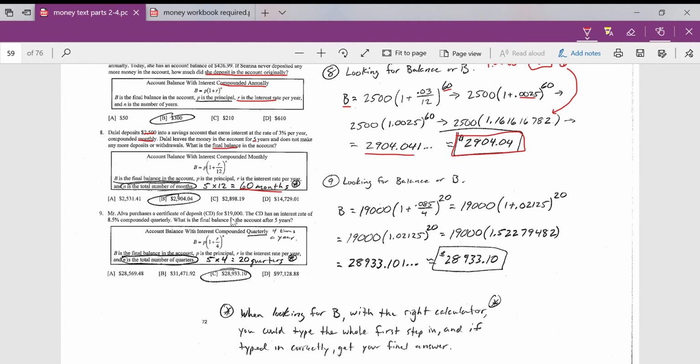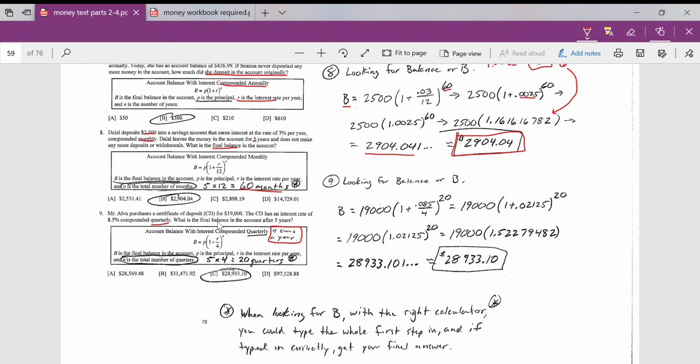If you purchase one of those, that's the investment price, $19,000. Interest rate is 8.5, compounded quarterly. Quarterly, maybe you don't know this, means 4 times a year. If you're doing something quarterly, you're doing it 4 times a year.